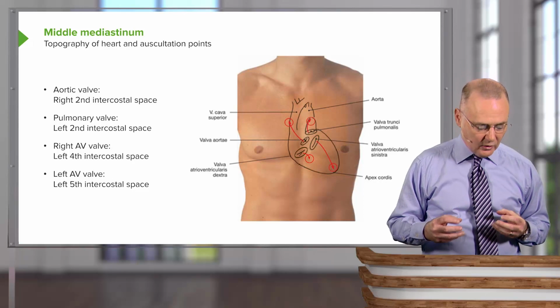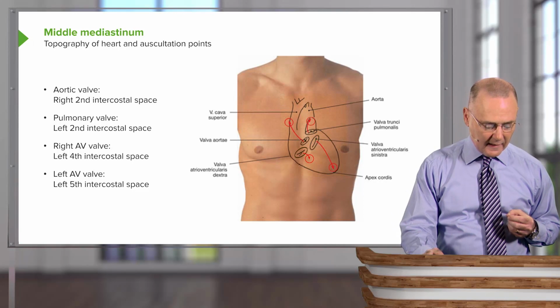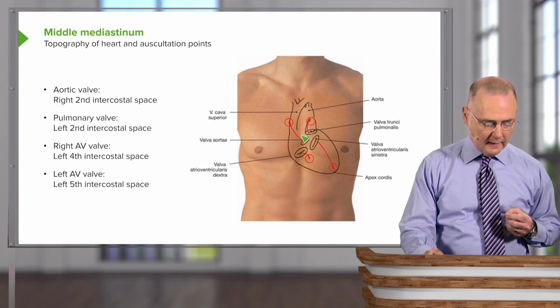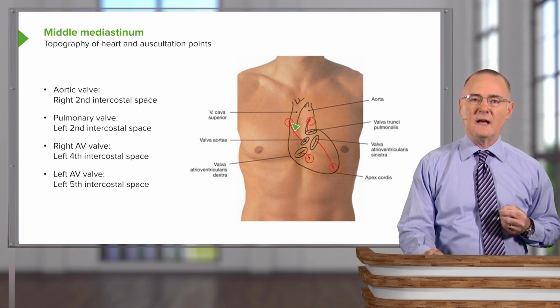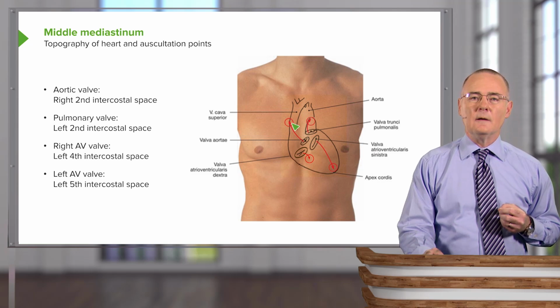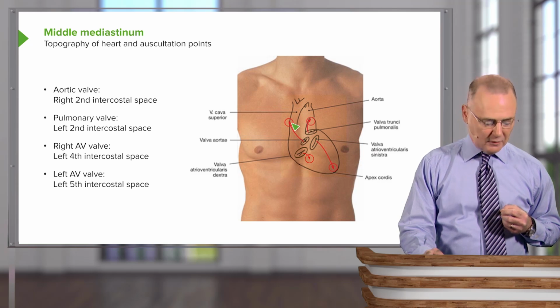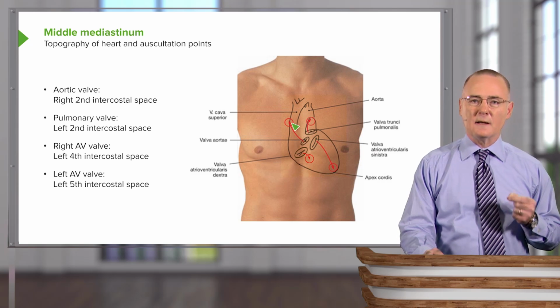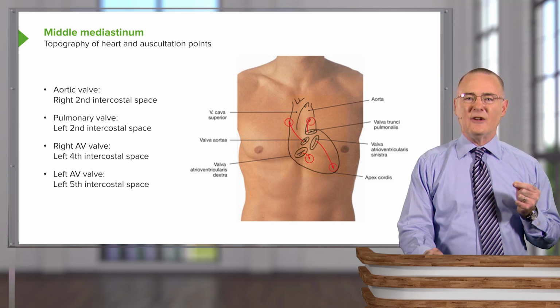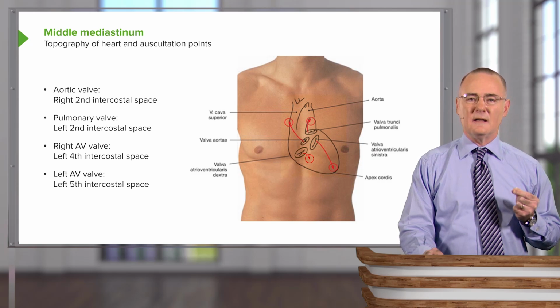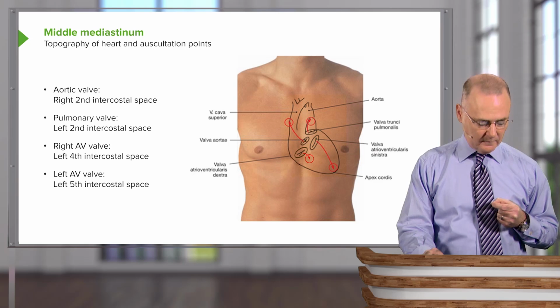If we take a look here, we have the aortic valve being depicted here, and note the vector of blood ejection going up into the right side of the body. This is then the optimal location to pick up the sounds that emanate from the aortic valve, and this area is in the right second intercostal space.